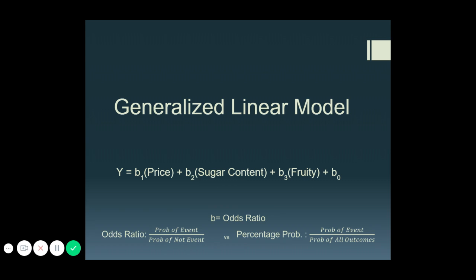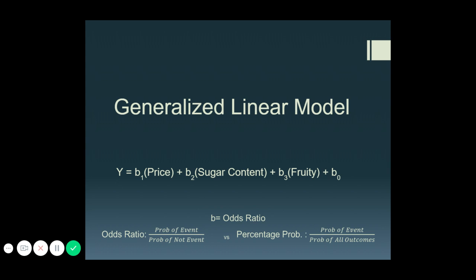Next, though, in order to actually get b-values that make some sense, we want to look at the generalized linear model, different from the general linear model. Same basic equation, though. We have a b-value for price, sugar content, and whether it is fruity or not, as well as an intercept. But these b-values are actually going to be in odds ratios. In fact, they will be in log odds ratios initially, but I will show them as odds ratios.